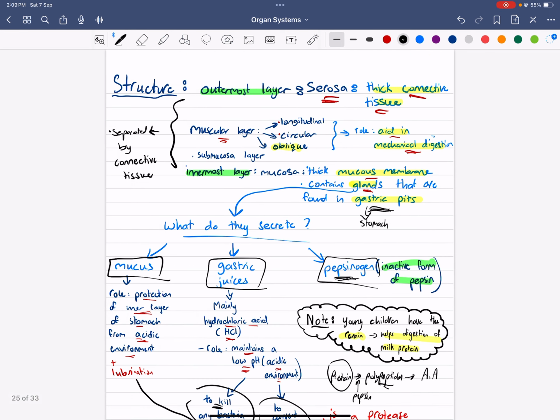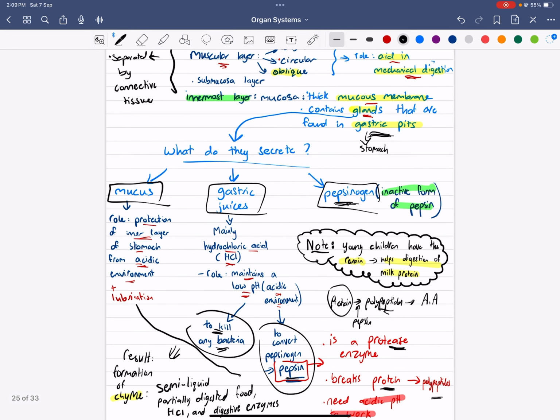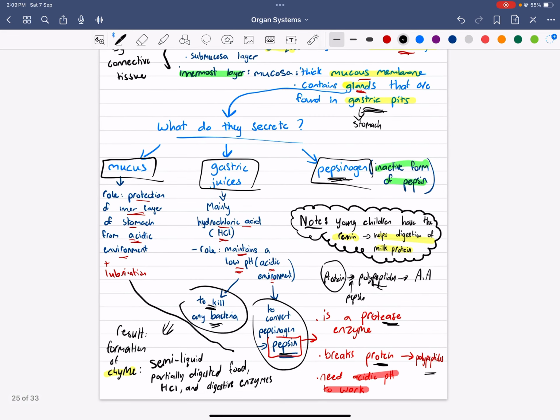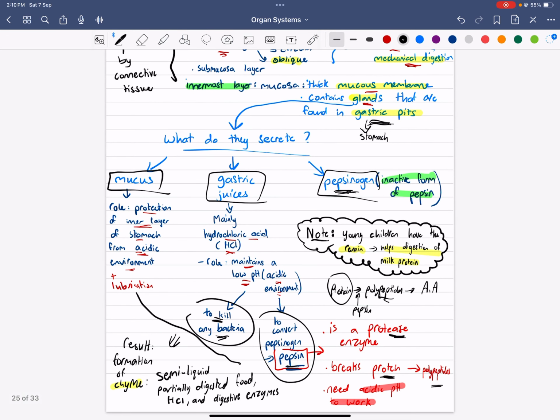We spoke about the structure of it, and we spoke about the secretions that occur, and the mixing of the hydrochloric acid, the mucus, and pepsin, and the food that we ate. They all form a material called chyme. What is chyme? Chyme is a semi-liquid, partially digested food with hydrochloric acid, which is HCl, and some digestive enzymes.